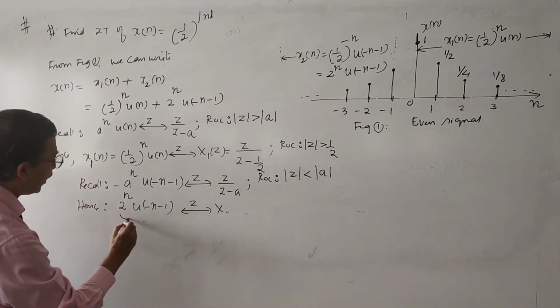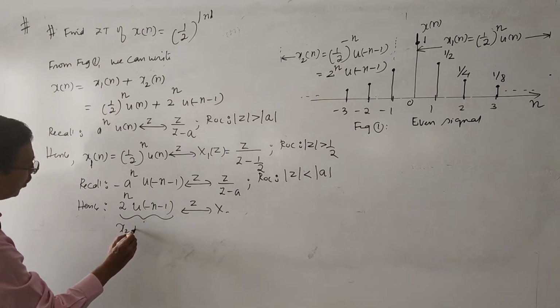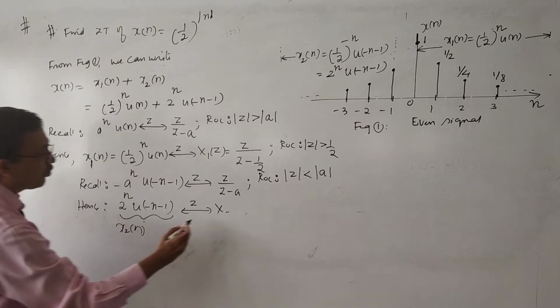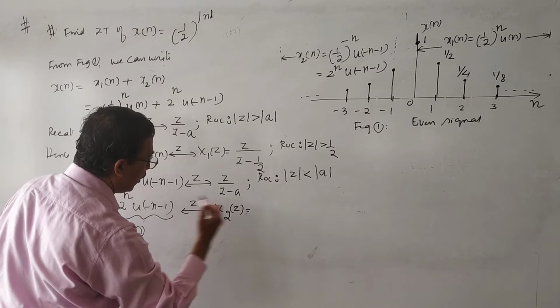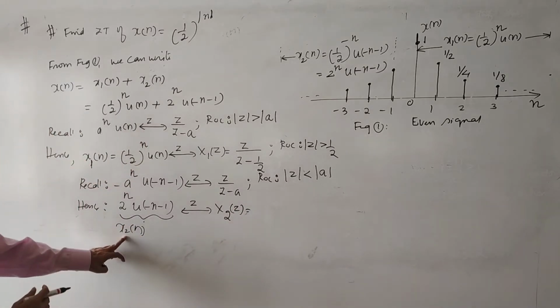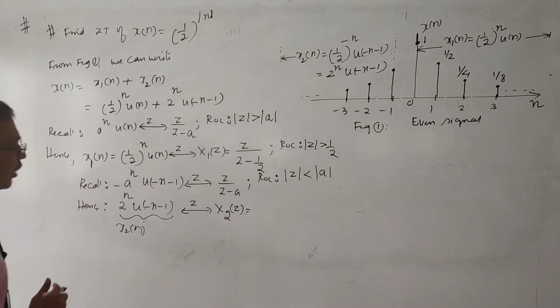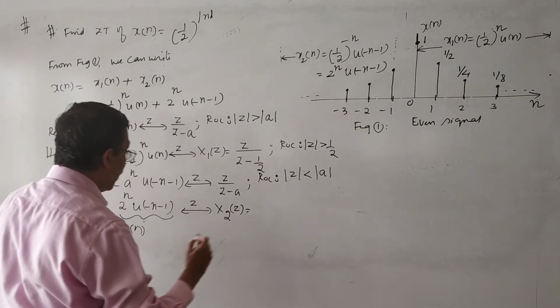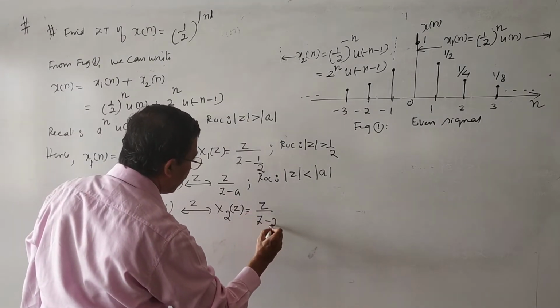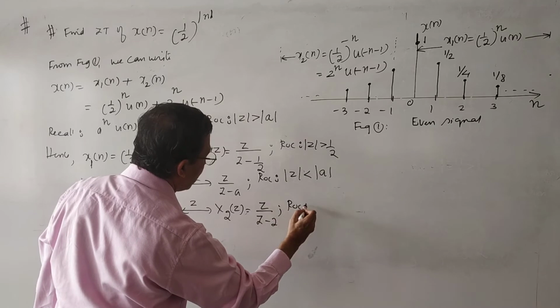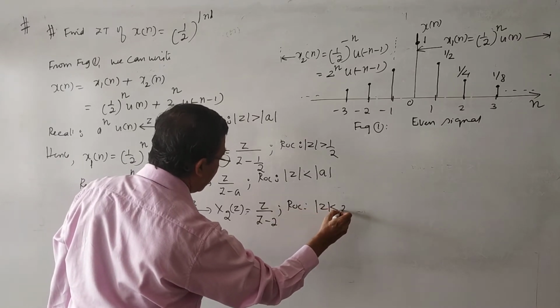This I call x2 of n. So what is the z transform of x2 of n, x2 of z? It is z divided by z minus 2, ROC mod z less than 2.